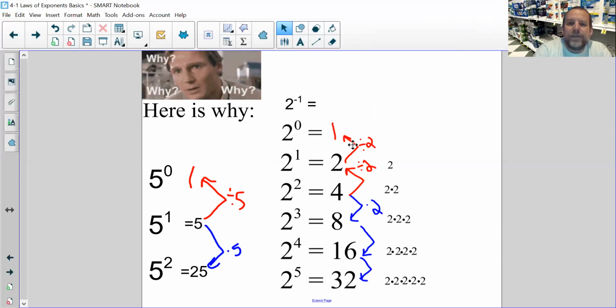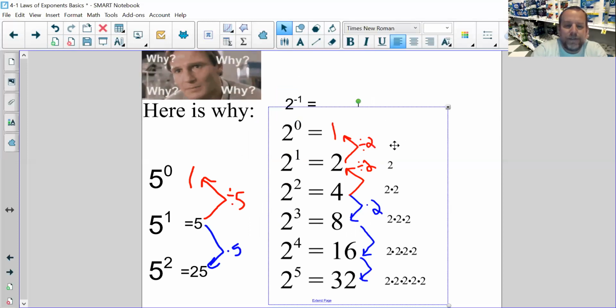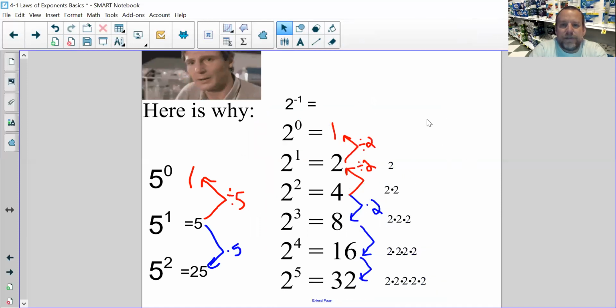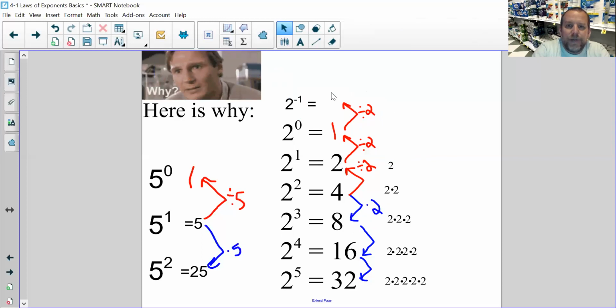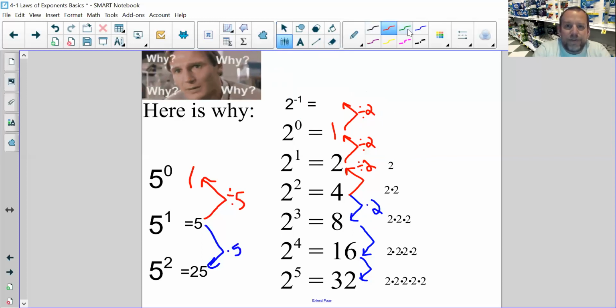Let's just be lazy and copy, paste, paste. There we are. What's 1 divided by 2? It's 1/2.